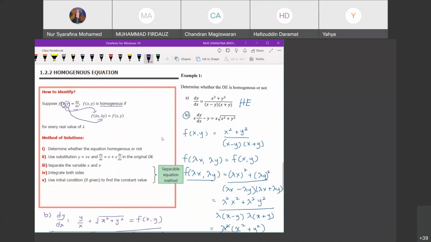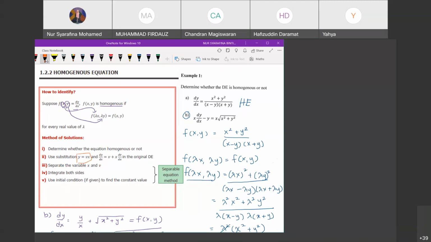We have done with the part. And then we need to use substitution of y equals to vx, and dy dx equals to v plus x dv dx. Separate the variable x and v, integrate both sides, use initial condition.